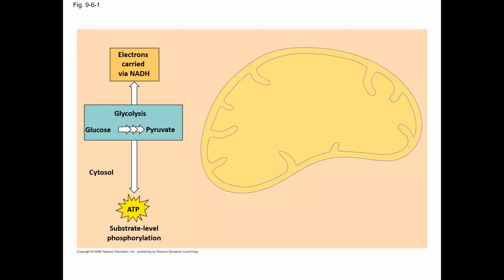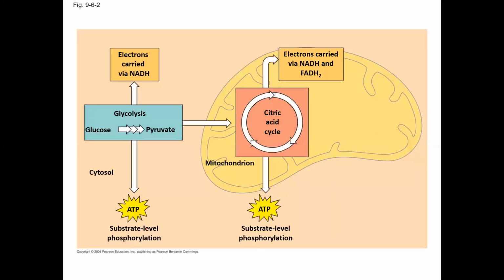So these are some diagrams from your textbook. Glycolysis in the cytoplasm breaks down glucose, and substrate-level phosphorylation occurs. That's then going to enter the mitochondria for aerobic cell respiration.